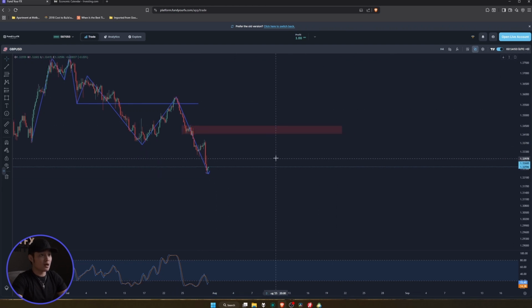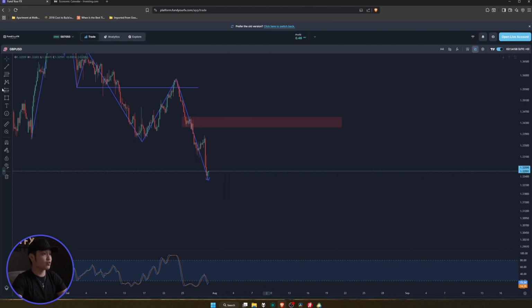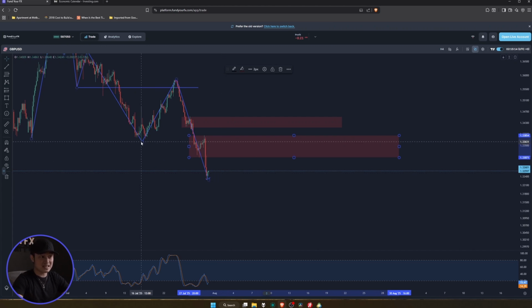I'm going to mark it as a red rectangle so you can see it more clearly. And this one is another supply zone. Our first supply zone is in confluence with previous support, so support will become resistance. If the price makes a pullback like this, then the support will become resistance.